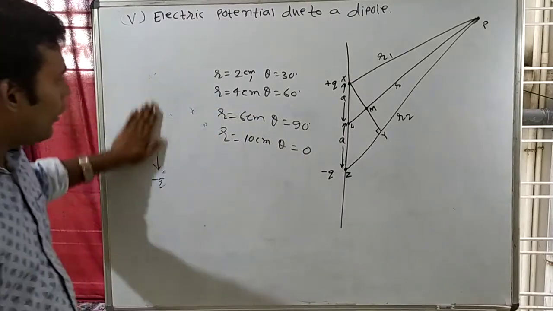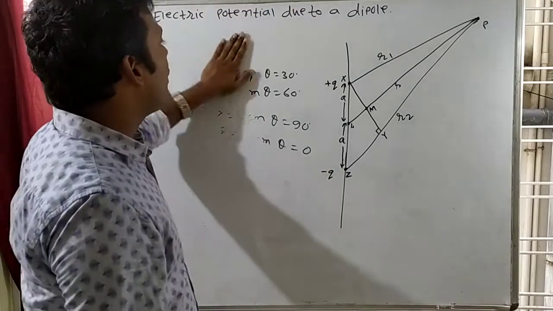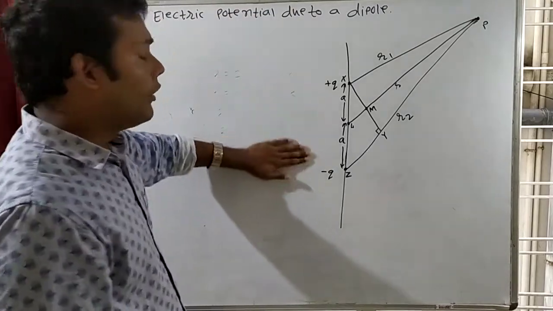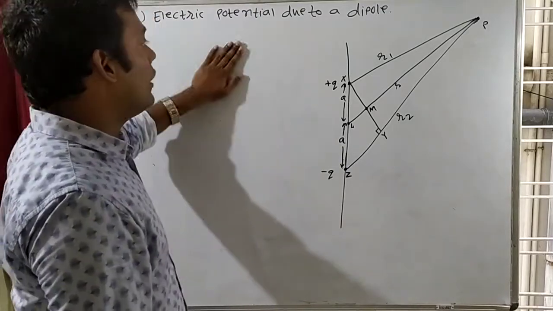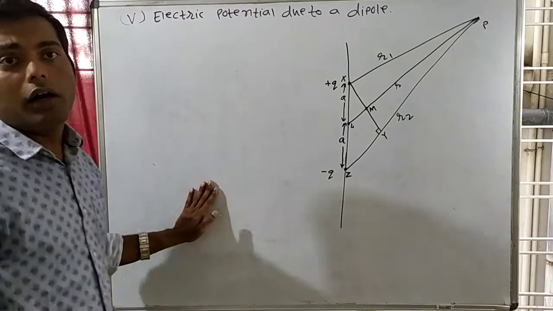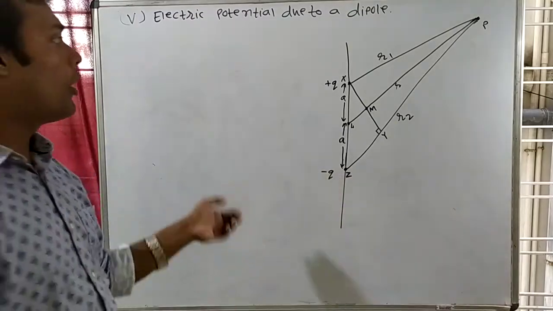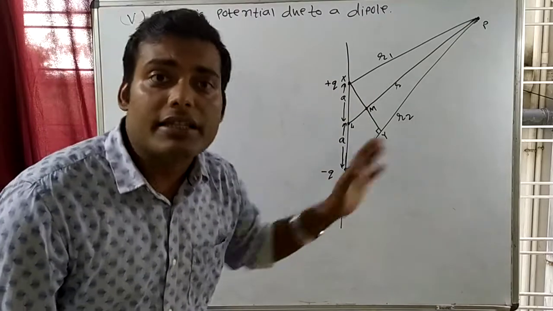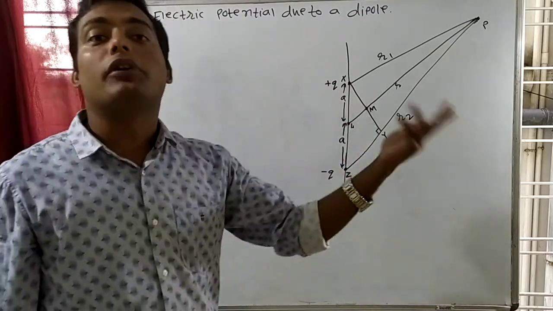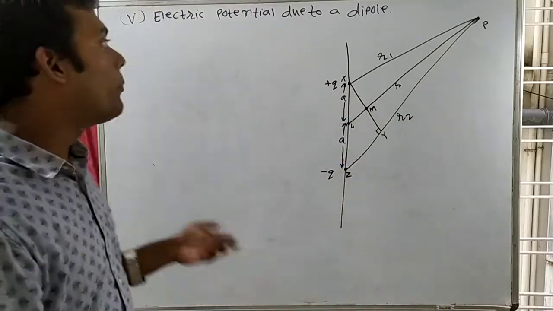Clear? So when we change r and theta, we can indicate any general point. So we will derive a general formula, and from there we can find the potential at the axis of the dipole and the potential at the perpendicular bisector of the dipole.